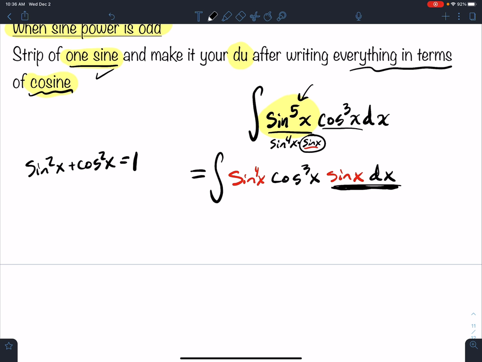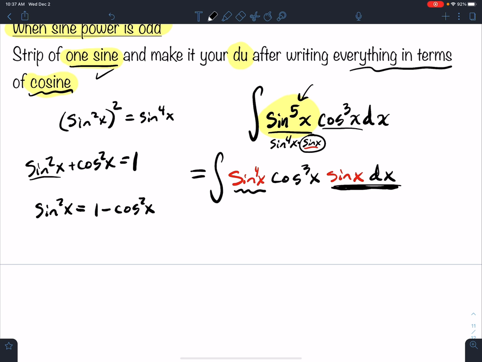Well, that's great. What about sine to the fourth, right? That's what we're trying to get rid of. Well, we know that sine squared x, squared, is sine to the fourth, okay? So we're going to solve this equation for sine squared. So sine squared x equals 1 minus cosine squared x. And to get sine to the fourth, I'm going to square both sides.